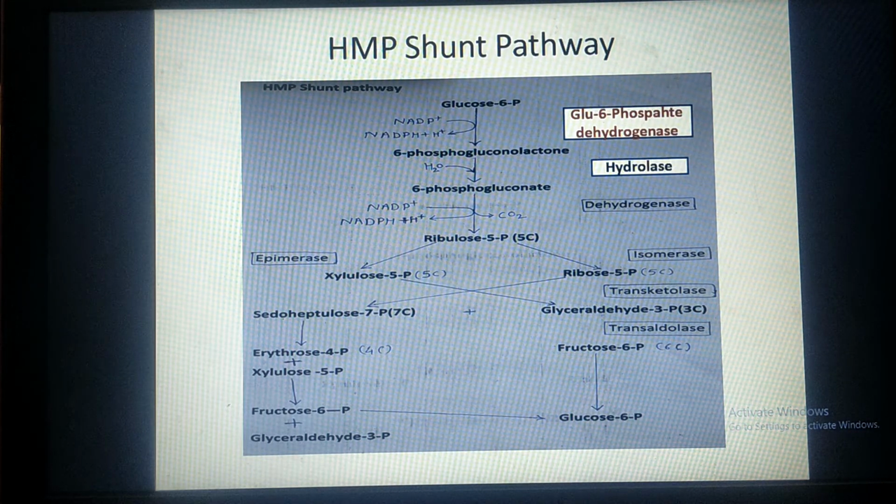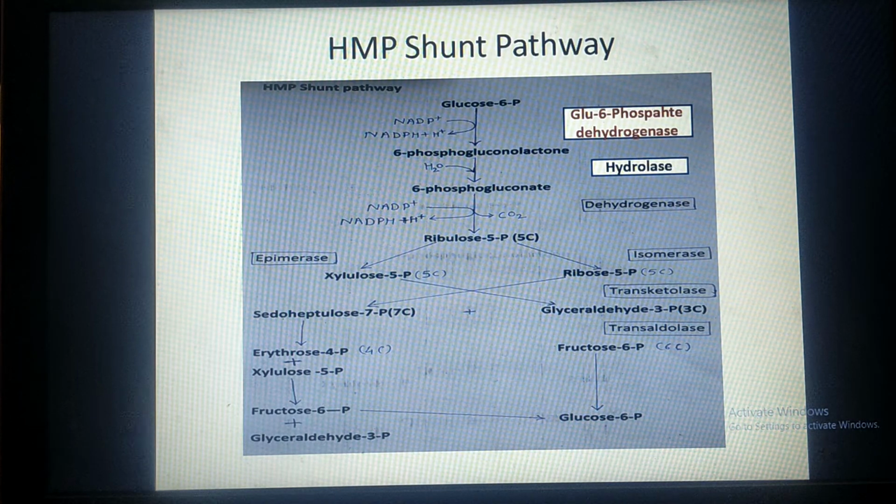The enzyme required for this step is very important, called transketolase. This transketolase condenses a ketose sugar with 5 carbons and an aldose sugar with 5 carbons, that is xylulose 5-phosphate and ribose 5-phosphate, to form 7 carbon sedoheptulose 7-phosphate and 3 carbon glyceraldehyde 3-phosphate.